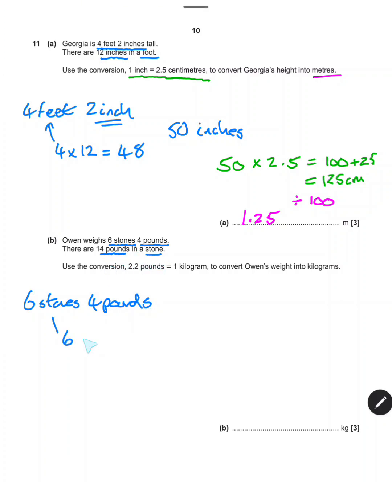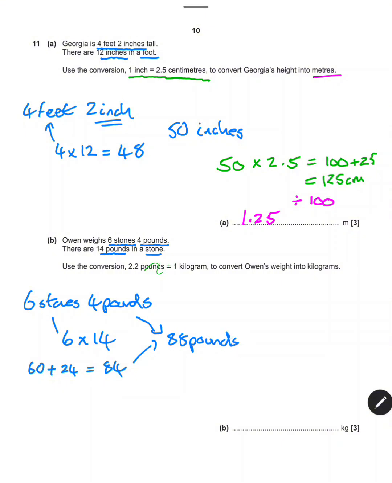So we need to do 6 lots of 14. Well, 6 times 10 is 60. 6 times 4 is 24. I'm going to do 60 add 24, which is 84. Don't forget those 4 pounds as well. 84 add 4 is 88 pounds.